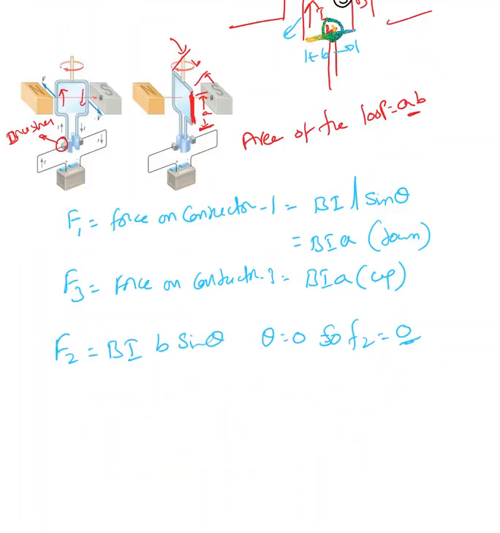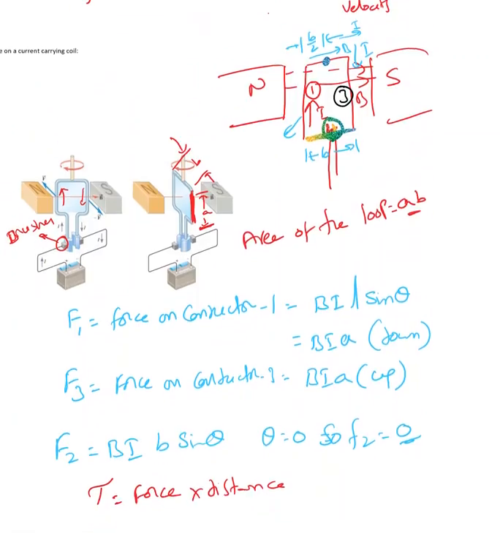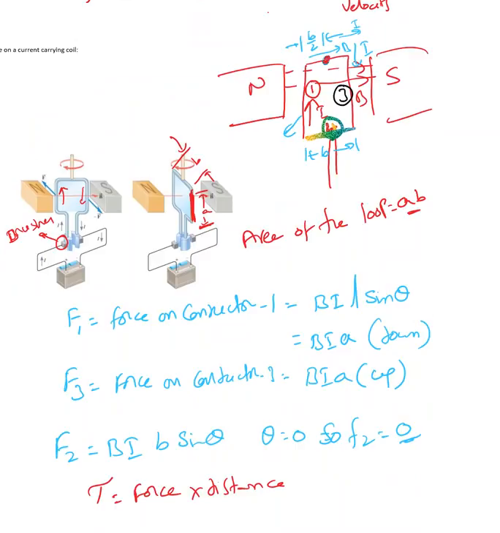Now we are trying to find the torque. Torque is nothing but force times distance. What is the distance we need to take? The distance is from the pivot point to this end conductor.